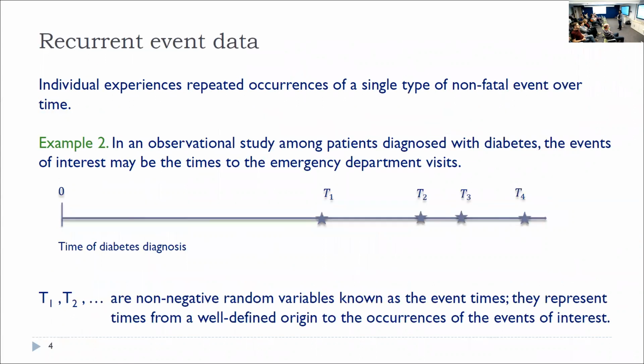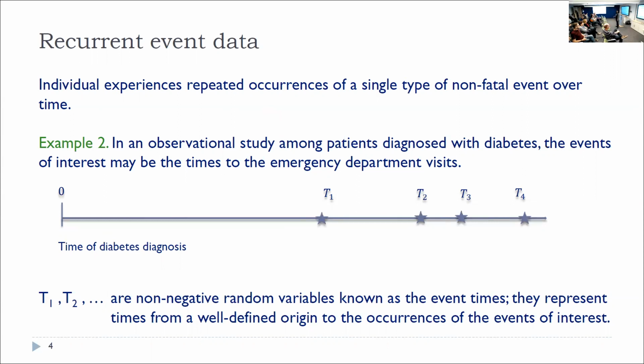Now let's expand that and go into recurrent event data. Here I have individuals, and they're experiencing repeated occurrences of a single type of non-fatal event over time. It has to be non-fatal, right? Because then obviously it can't happen over and over again. So back to this example, we have individuals diagnosed with diabetes, that's time 0.